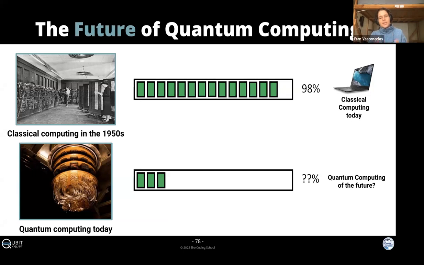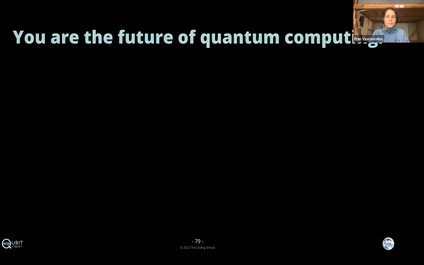And the hope is that we can continue working on quantum computers to progress them to the level that classical computers are today. And they'll give us advantages over the things that classical computers can do today.